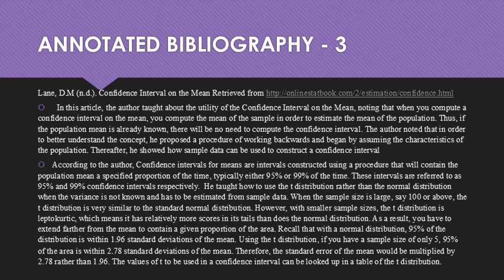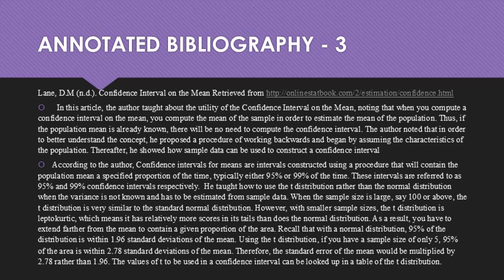However, with smaller sample sizes, the t-distribution is leptokurtic, which means it has relatively more scores in its tails than does the normal distribution. As a result, you can extend further from the mean to contain a given proportion of the area.